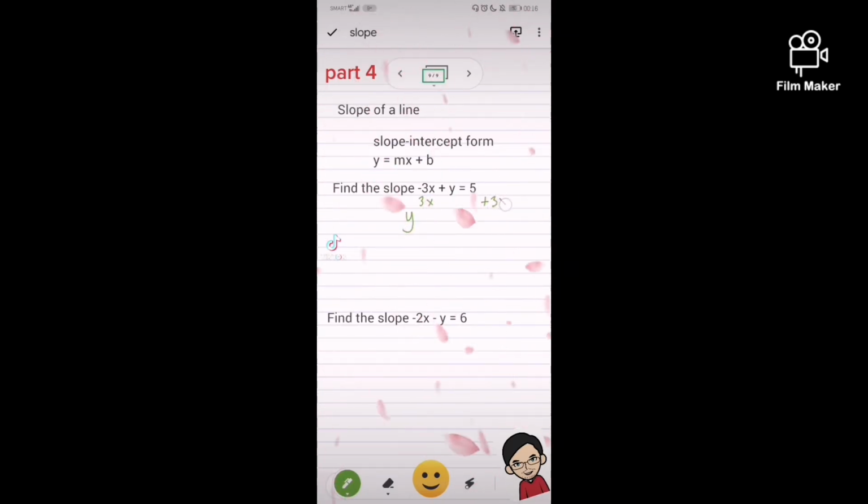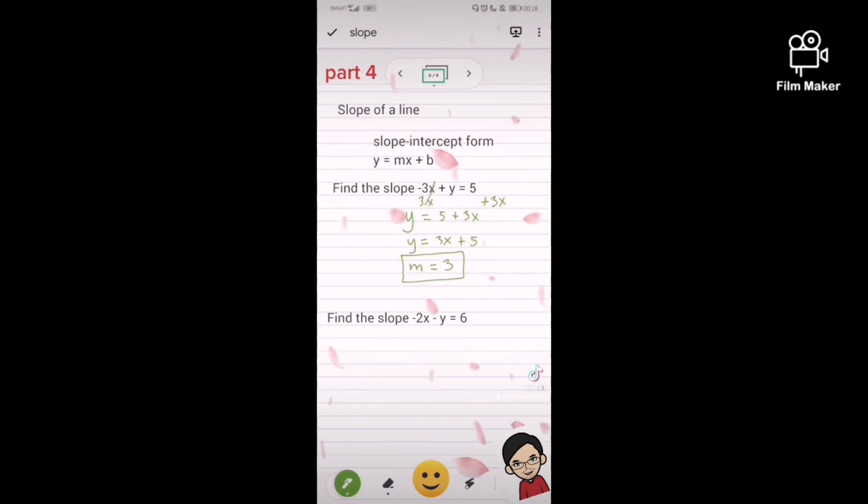So this becomes 0, and you're left with y is equal to 5 plus 3x. Rearranging this into slope-intercept form, you'll have y equals 3x plus 5. And now you can identify the slope as 3.